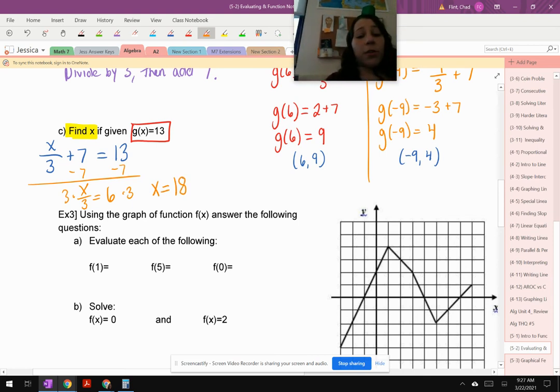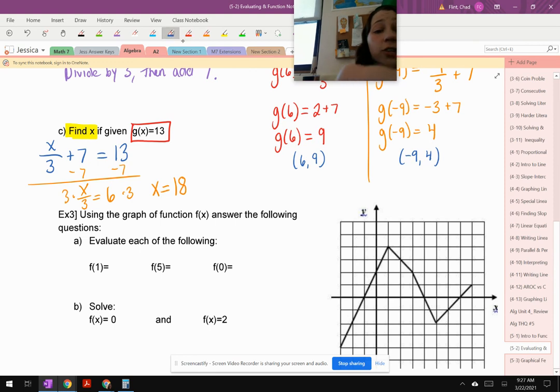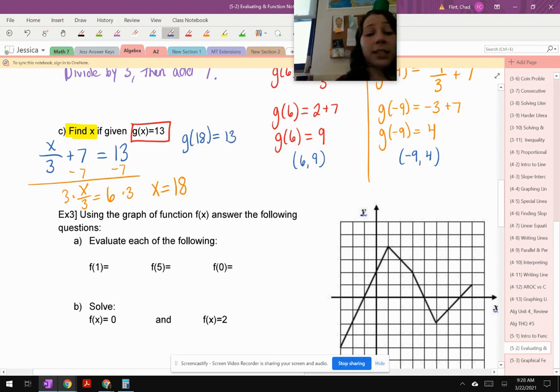And that makes sense, because if I go backwards and plug 18 in for x, 18 divided by 3 is 6. 6 plus 7 gives me that 13. So, finishing this off here, g of 18 is equal to 13. That x value is equal to 18. Either one of these is an acceptable answer.